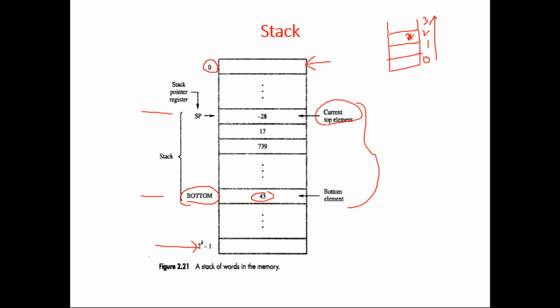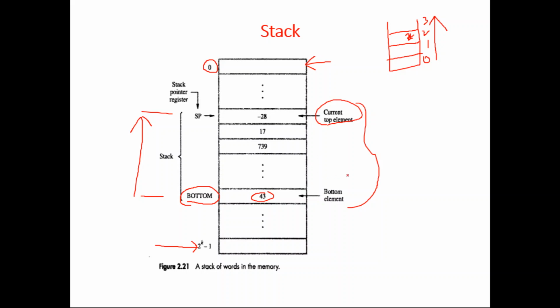But here, what is happening is that the stack address is not growing from bottom to top. The values are pushed at the bottom: initially when the stack is empty, the bottommost position is the top of the stack, so the value is pushed there, then the next, then the next.